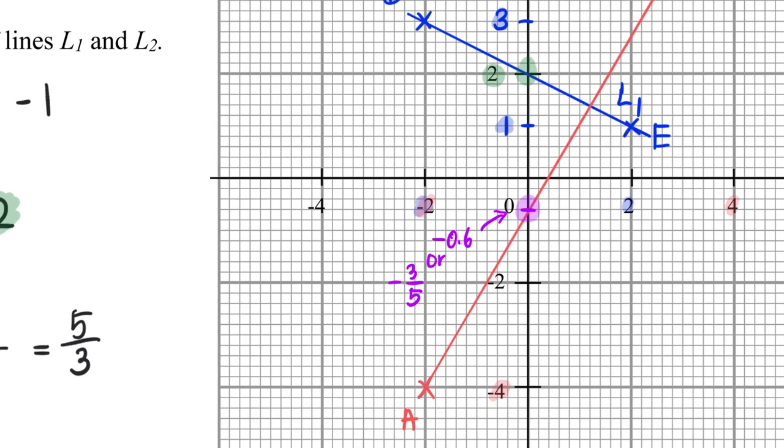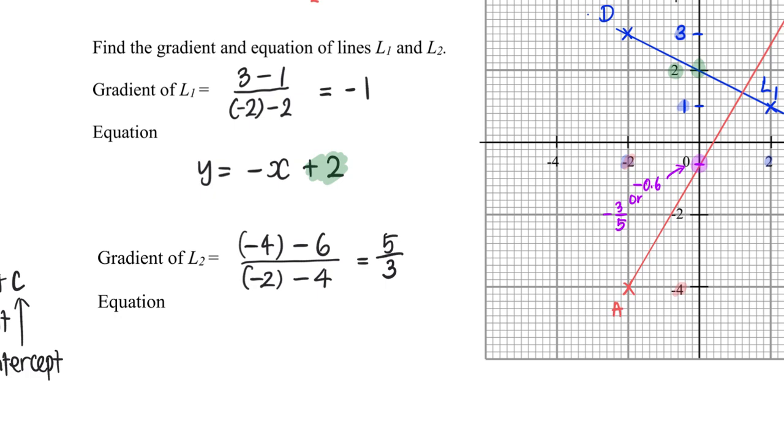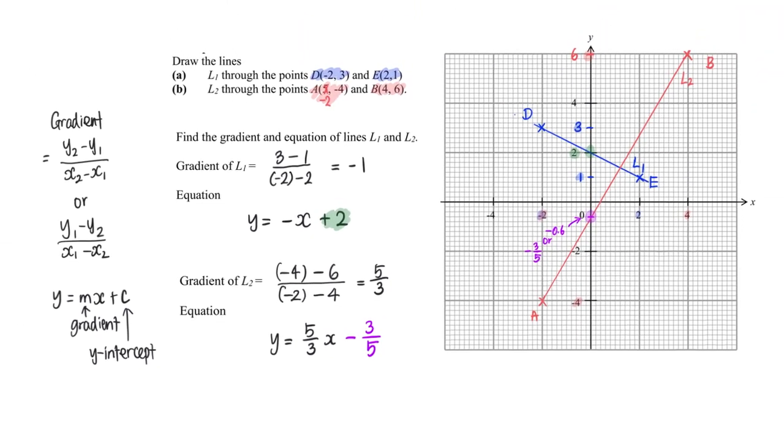And so, coming back to my equation, y will be equals to 5 over 3x minus 3 over 5. Okay? And that will be the answer for this question.